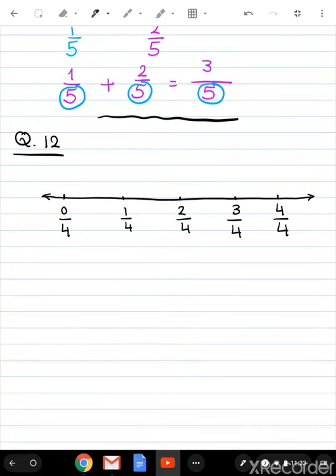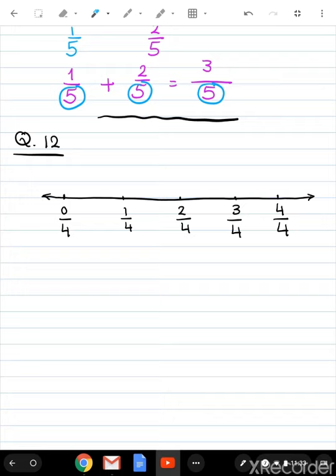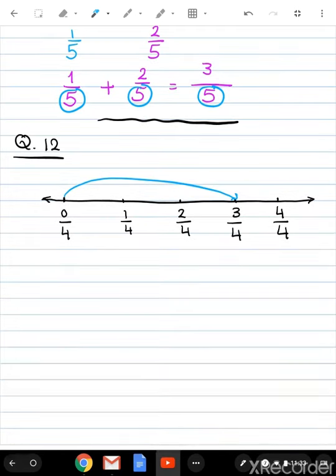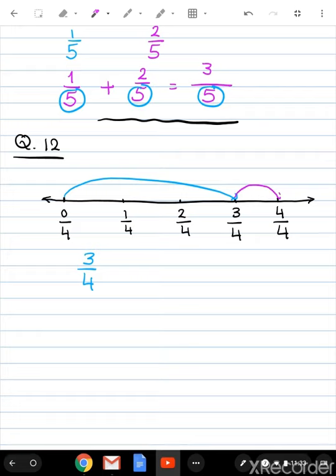Then I want to add. How can I add this? This part is 3 out of 4. Then I will add another part, which is 1 out of 4. From 3 out of 4 to 4 out of 4, I moved 1 out of 4.